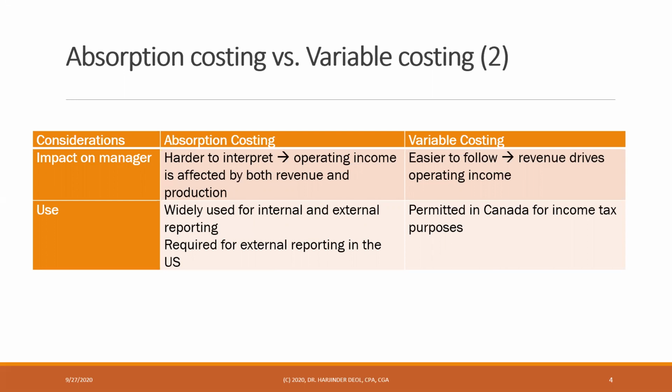Because remember, with the contribution format income statement, we showed our expenses in the variable and the fixed categories separately. So if we are using the contribution format income statement method, then it has to follow the variable costing method.